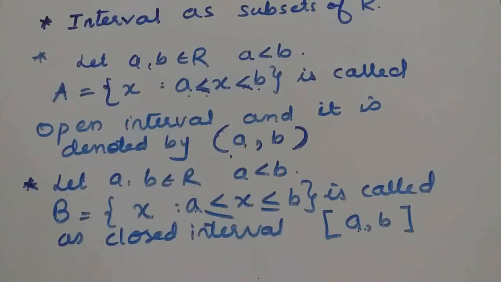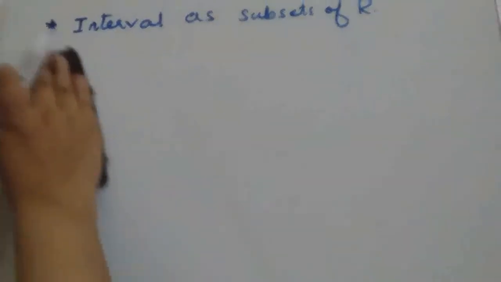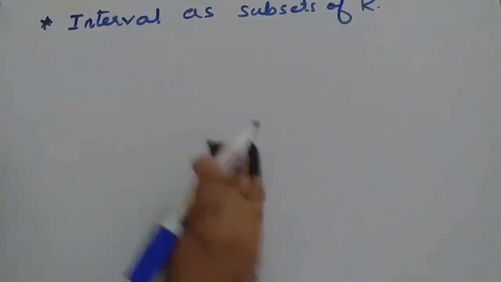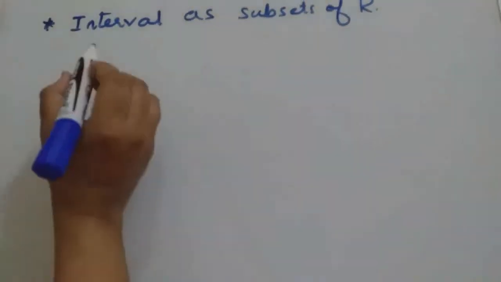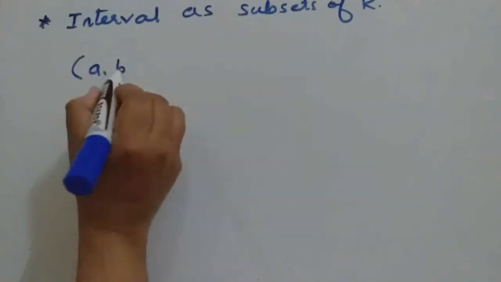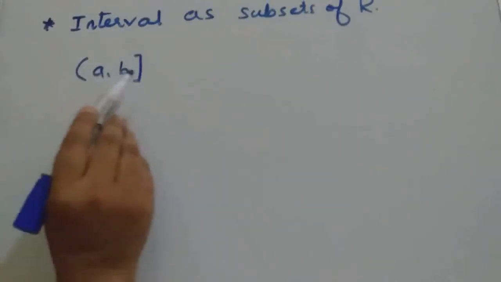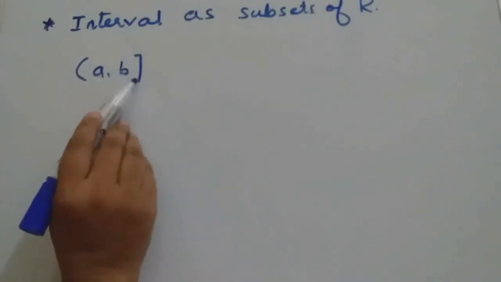Now we can have semi-open and semi-closed sets also. For example, (a, b]. One bracket is of open interval, one is closed interval. What does it indicate?